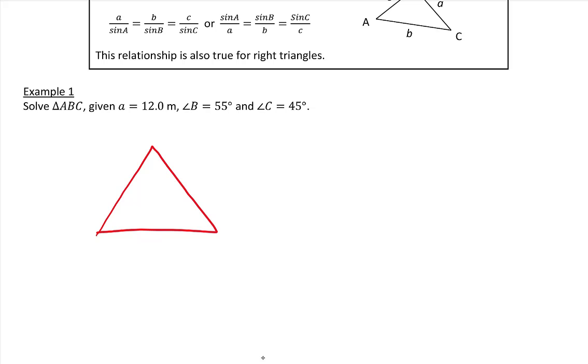Next, let's label our vertices as A, B, C, as indicated by our example. And then similarly, let's find our sides.